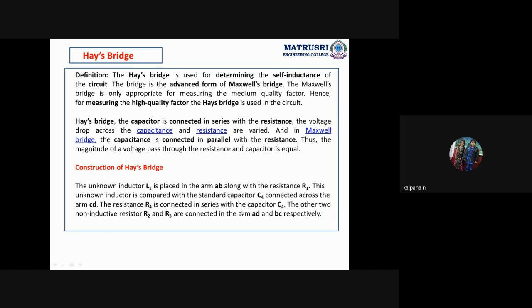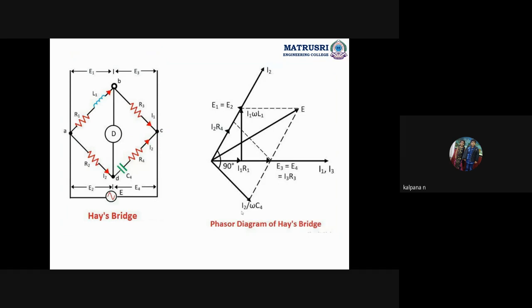The Hayes bridge is used to measure the inductance as well as a high quality factor, that is, greater than 10. The Hayes bridge is the improved version of the Maxwell inductance capacitance bridge.